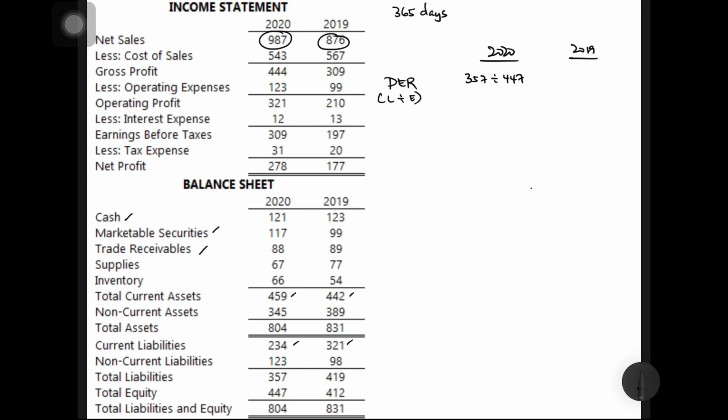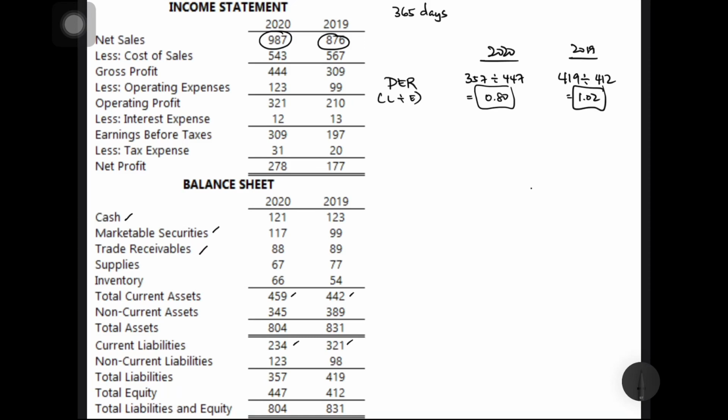And then let's do 2019, 419 divided by 412. Answer is 0.80, and the next one is 1.02.